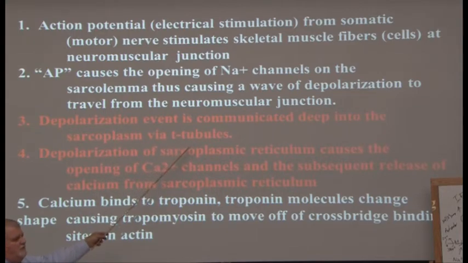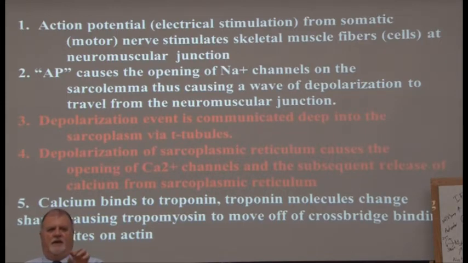That's what T-tubules are about. So remember, T-tubules were downward folds of the membrane that penetrate down into the cell itself. And then we're going to transfer the depolarization of the T-tubules into the depolarization of the sarcoplasmic reticulum.